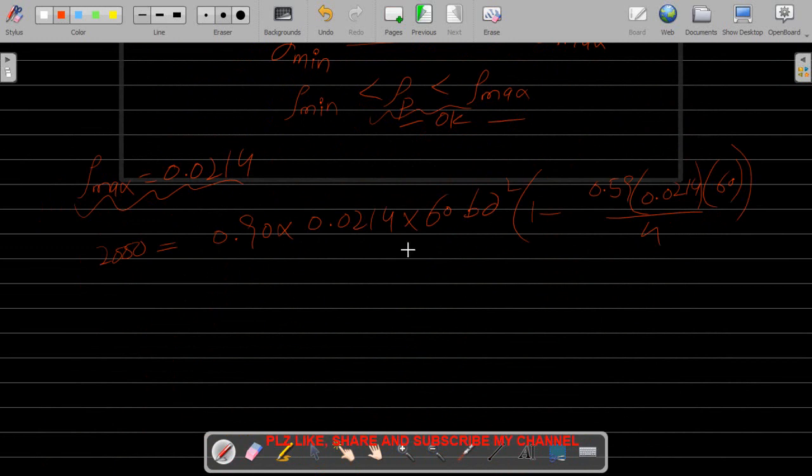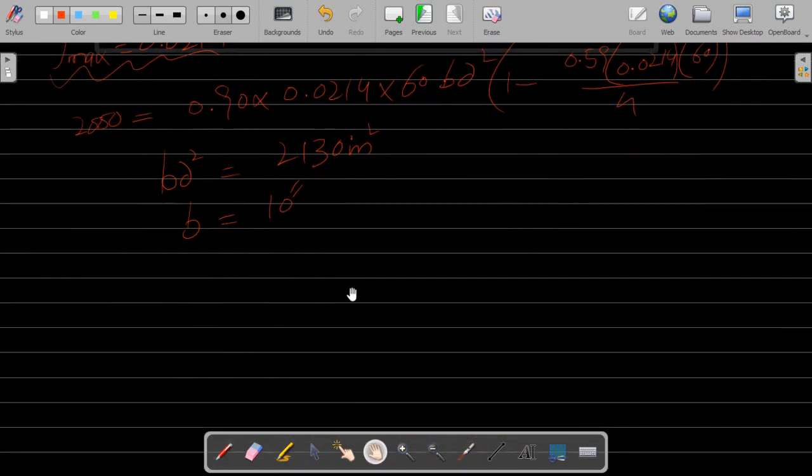We know all the values, and using your calculator we will find out BD square, which will be equal to 2130 square inches. Now let's say we are using a B value of 10 inches.